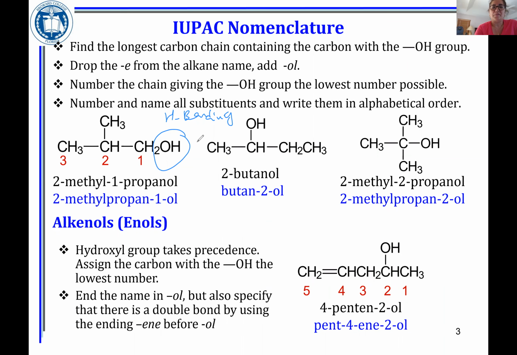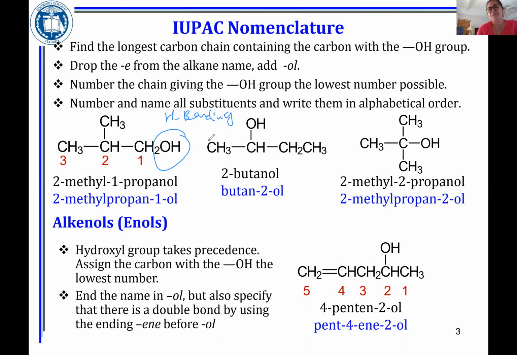So hydrogen bonding is the major intermolecular force, and the minor intermolecular force would be van der Waals forces, or the London dispersions, actually, which increase based on the molar mass. So it depends on the size of the carbon chain, which can change, but hydrogen bonding is strong, and it is the major intermolecular force for alcohols.